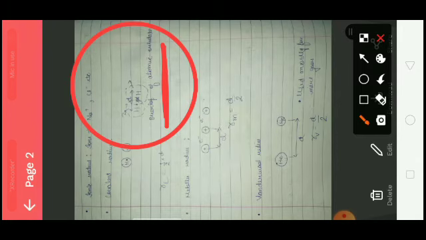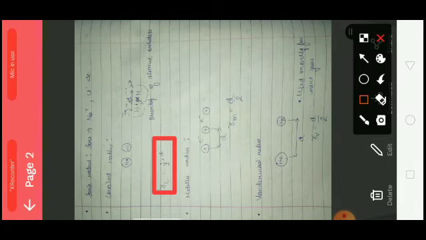Covalent radius is basically taken as the distance between the center and their halves. Now we will focus on the formula for calculating this. You can see here that covalent radius Rc is equal to half into d. That means the covalent radius of any covalent bond is half of the distance between their centers or nuclei.